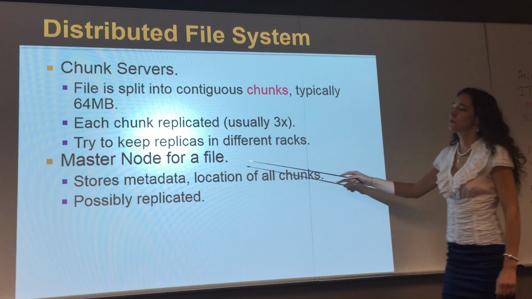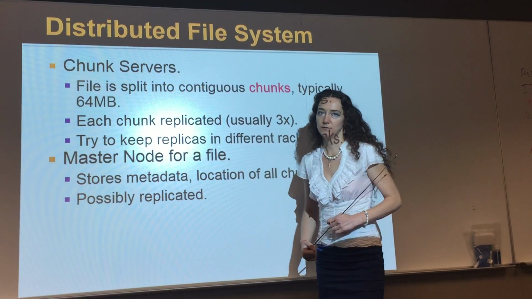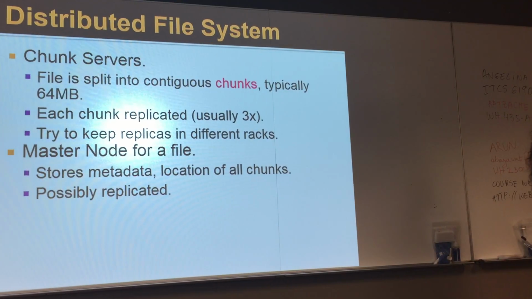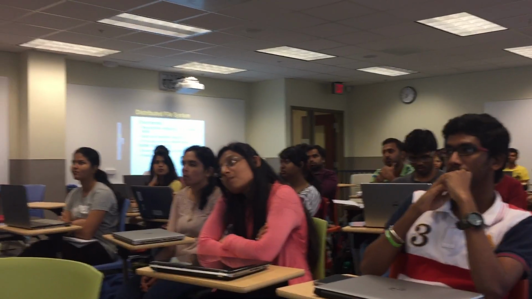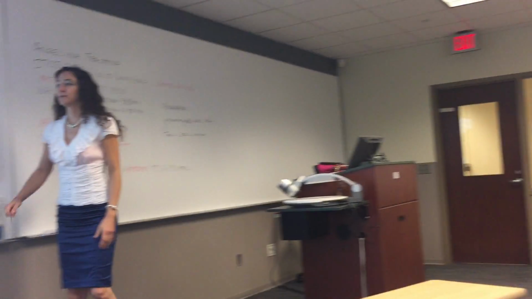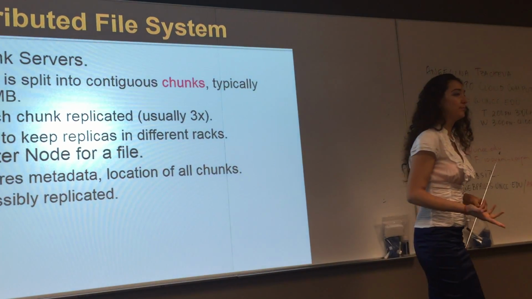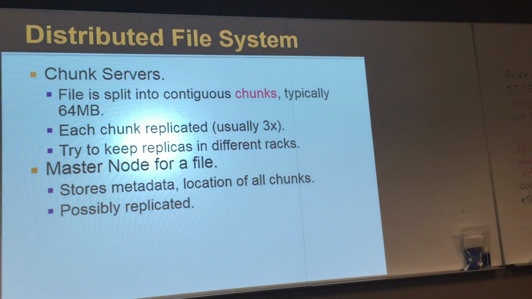What if this master node fails? Can we recover the file? There is a secondary master node. Yes, we can try to keep multiple copies of that, just in case.